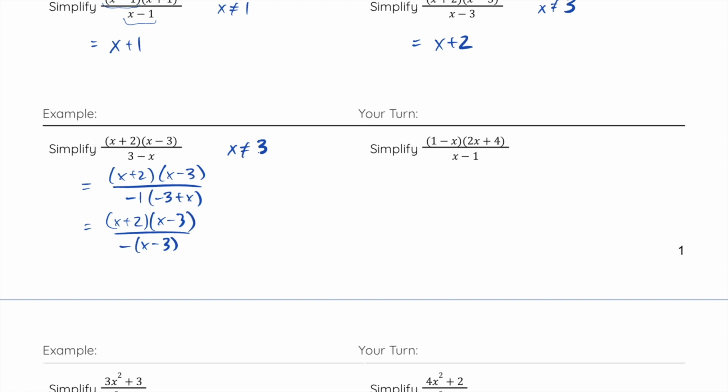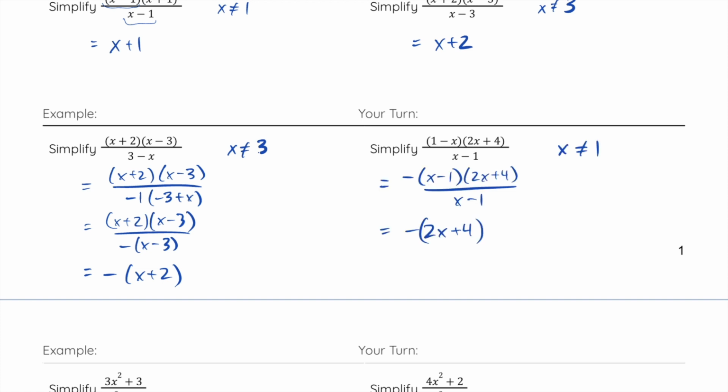And now I can divide these to 1, and I'd just be left with x plus 2 over negative 1, which is the same thing as saying negative (x plus 2). So this would simplify to negative (x plus 2) as long as x is not 3. So try the one on the right here. Okay, this time I factored out negative 1 in the numerator and ended up with negative 2x plus 4 as long as x is not 1.